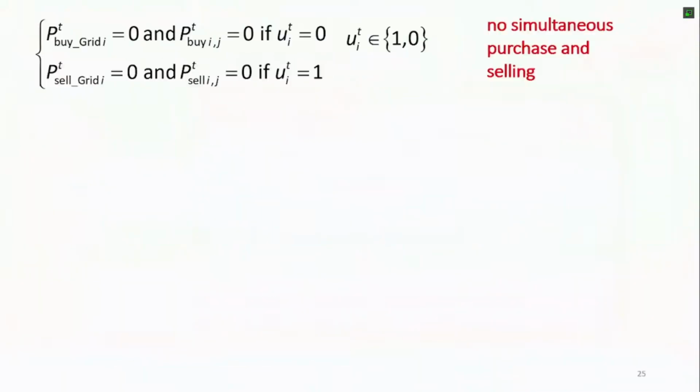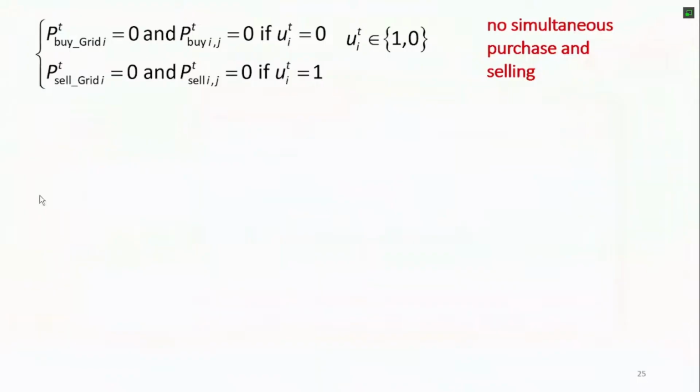So I would like just to recall also the other constraints, and in particular we have the no simultaneous purchase and selling. It is quite strange that a prosumer can sell and buy at the same time, but from the mathematical point of view, since they are different variables, it can happen. So we need to force that there is no such behavior.